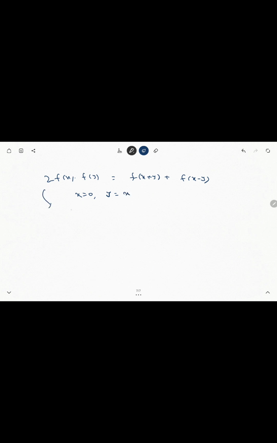Then what do you get from this? 2 into f of 0, f of x. Right hand side we are getting f of x plus f of minus x. In the place of x write 0, y equal to x. So already f of 0 is 1. So from this we are getting f of x is equal to f of minus x. Therefore f is an even function.